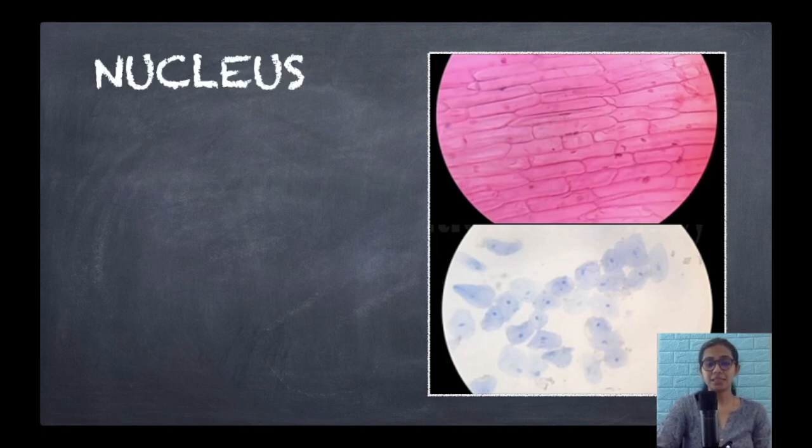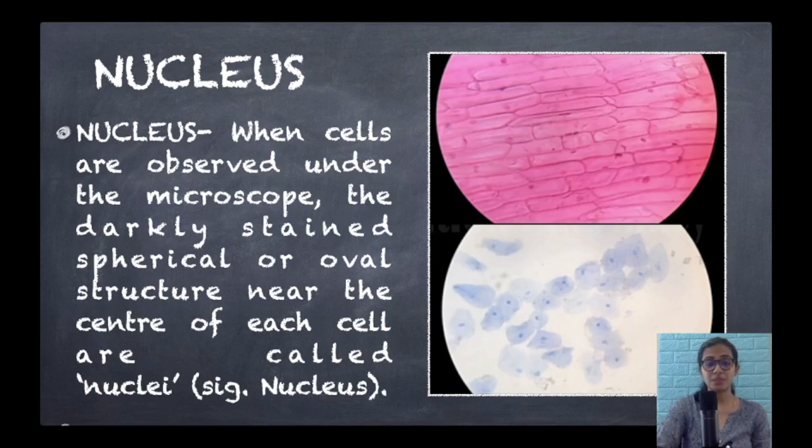So nucleus, what are they? When cells are observed under the microscope, the darkly stained spherical or oval structure near the center of each cell are called nuclei, which is plural, and the singular word for that is nucleus, right?